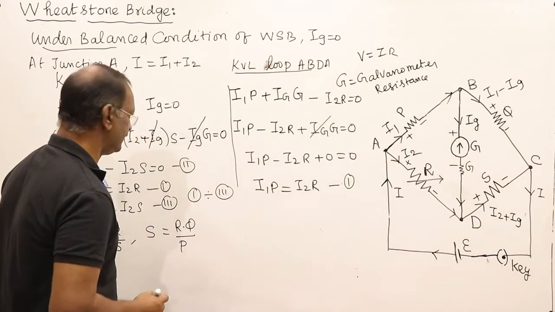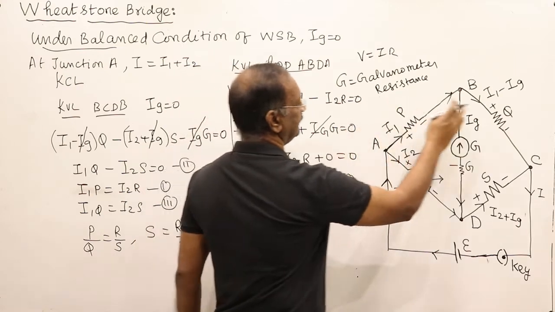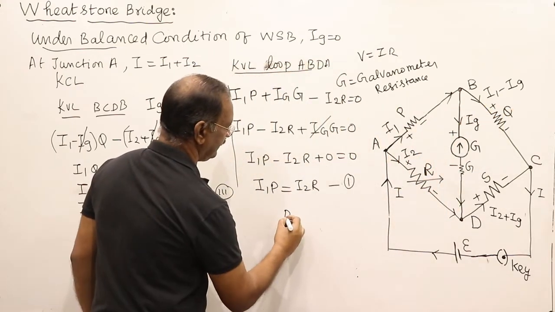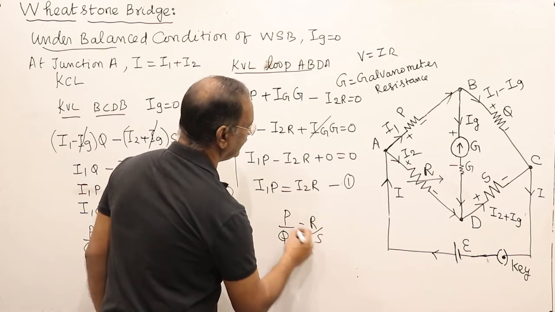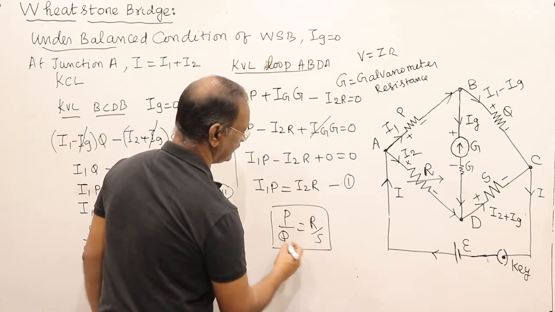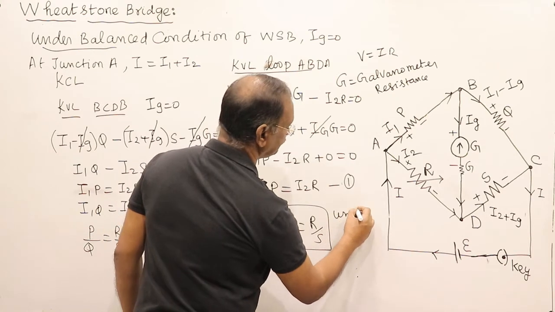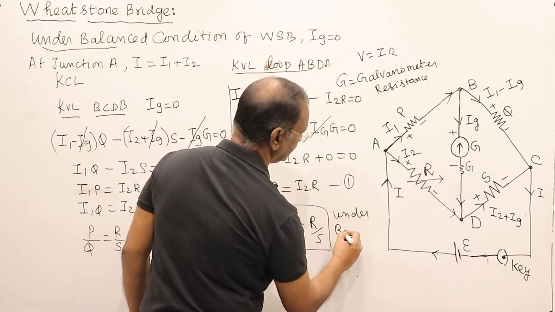Under balanced condition, P divided by Q is equal to R divided by S. This is a very, very important result under balanced condition of the bridge.